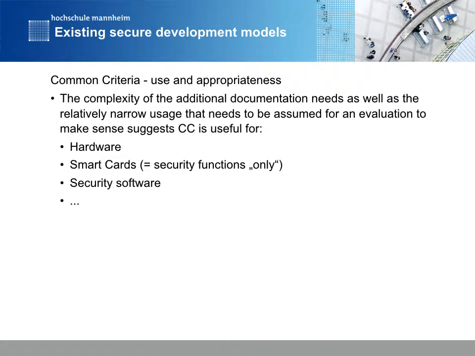It is therefore mainly useful for small devices with a clearly described set of functionalities, like firewalls, like smart cards. Obviously there the market is well evolving and still uses that approach, but it's not good for general software.